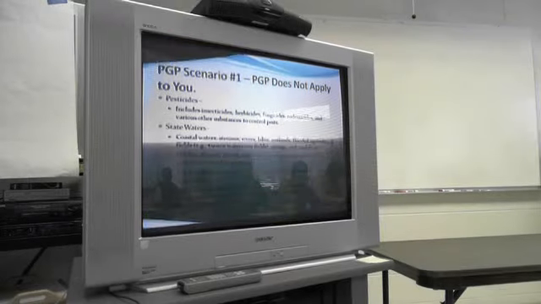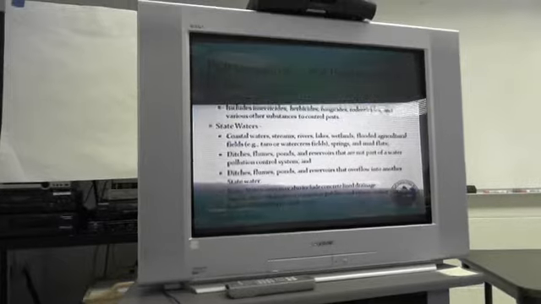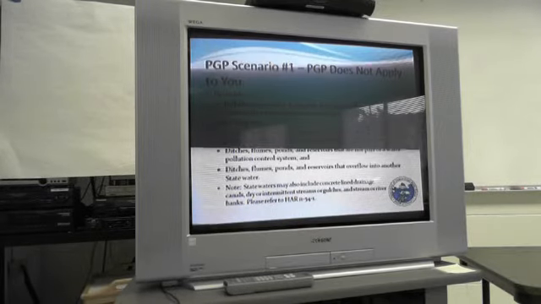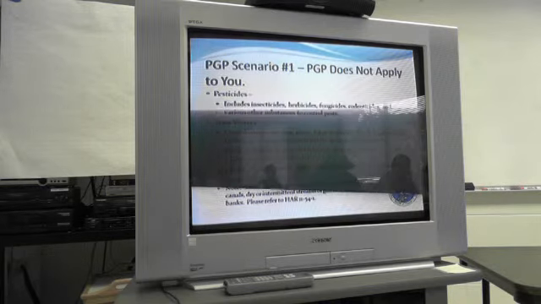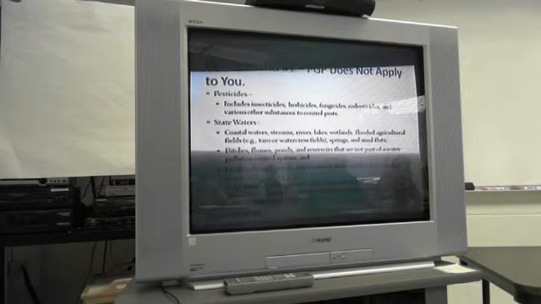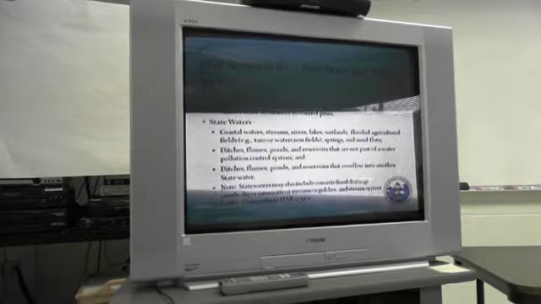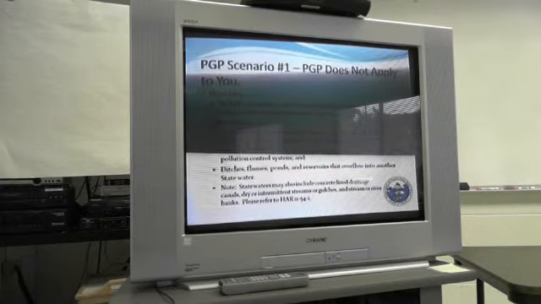State waters include waters, streams, rivers, lakes, wetlands, flooded agricultural fields such as taro or watercress fields, springs, and mudflats. It also may include ditches, flumes, ponds, and reservoirs that are not part of a water pollution control system, and ditches, flumes, ponds, and reservoirs that overflow into another state water.